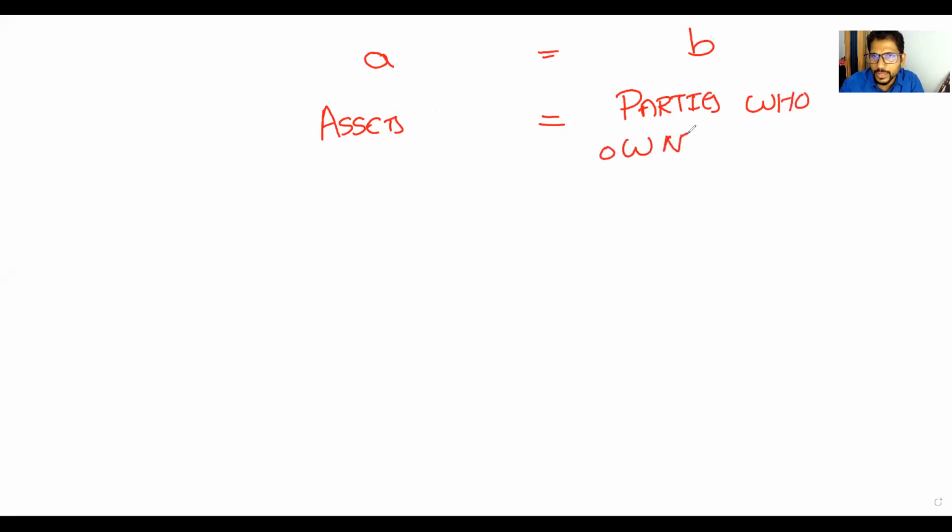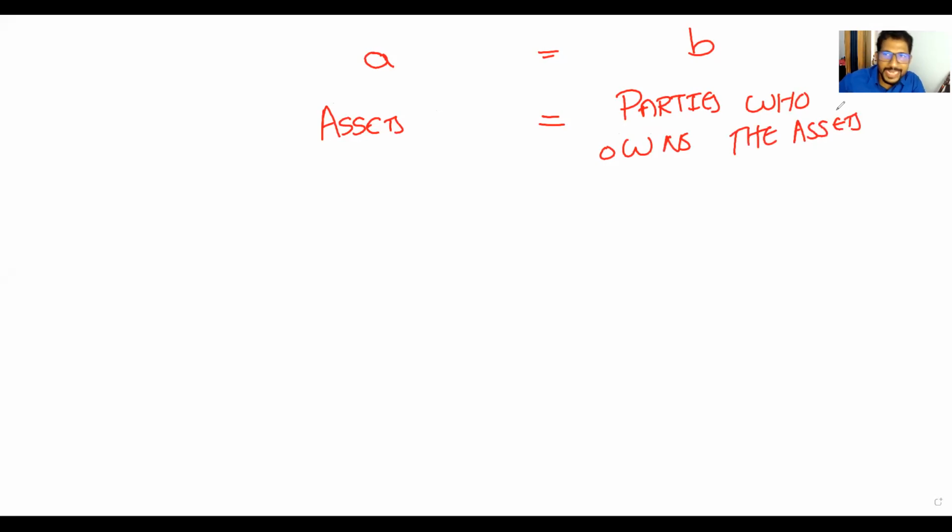In the basic general accounting equation, we have side A and side B. In the accounting equation, on one side we have assets, and on the other side we have the parties who own the assets.